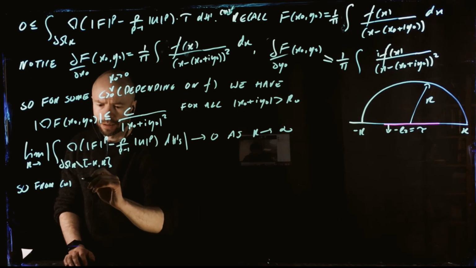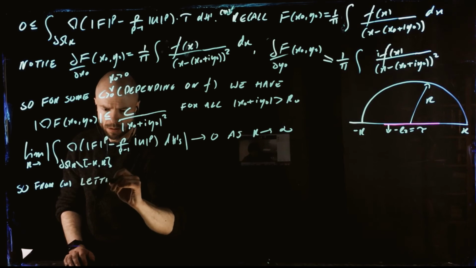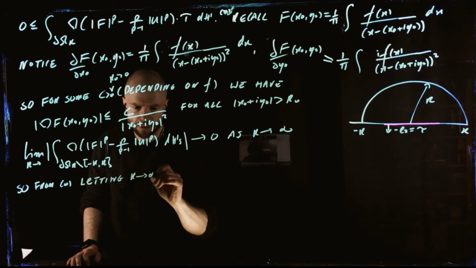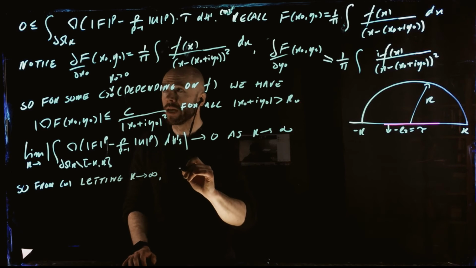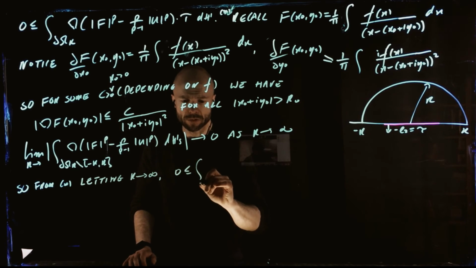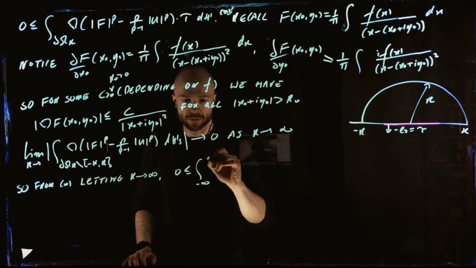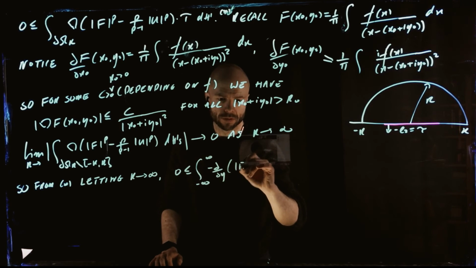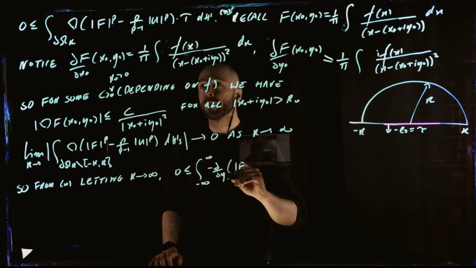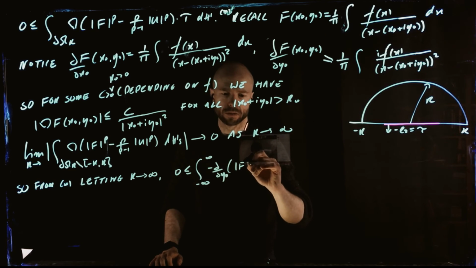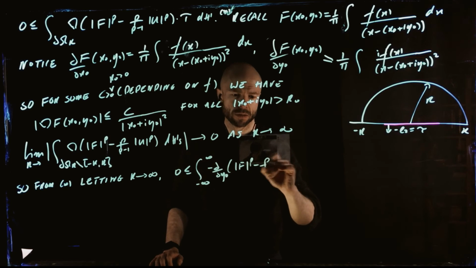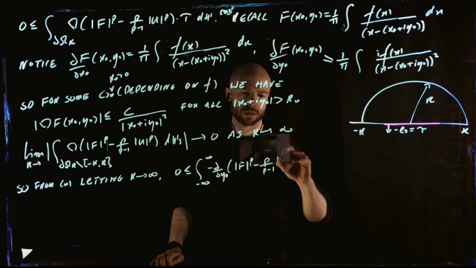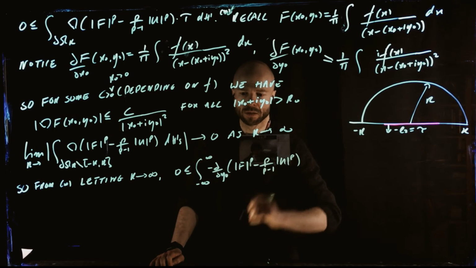So letting r go to infinity, we're going to have that 0 is bigger than or equal to the integral from minus infinity to infinity of minus the partial with respect to y of this stuff. I should probably say y0 because I'm defining this with respect to y0, so let me do y0, like this.